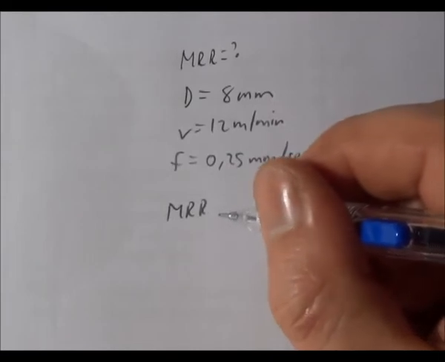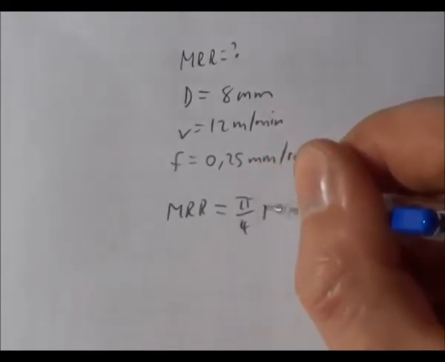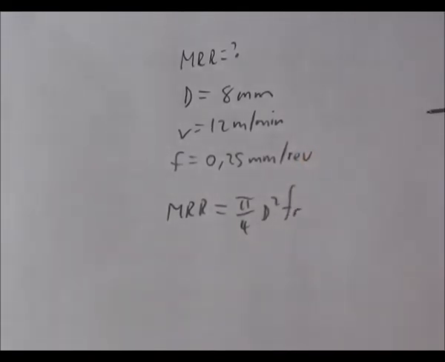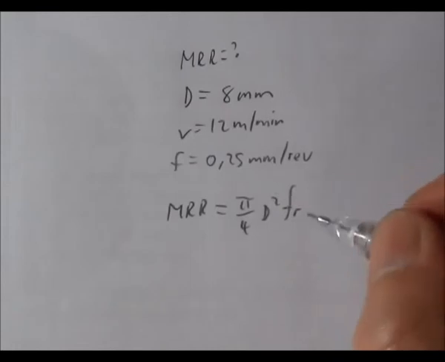Material removal rate for drilling is pi over 4 d squared FR. So we need to determine FR and then we can use this equation.